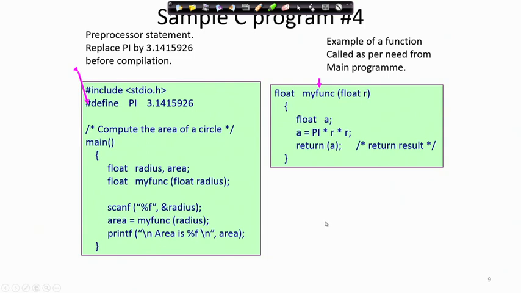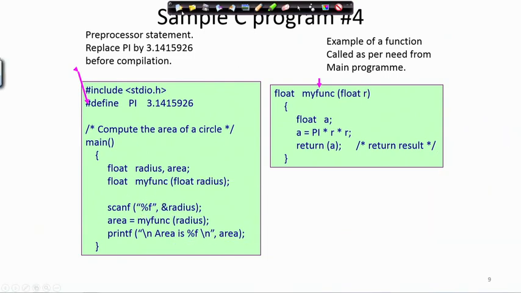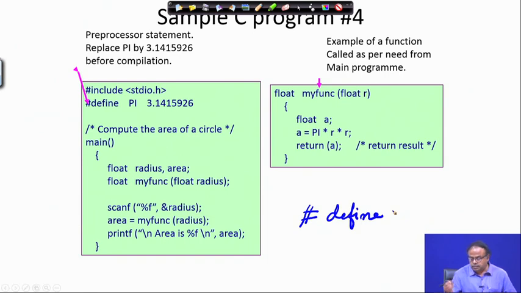For example, I can write hash define resistance is 10.2 ohm, whatever.